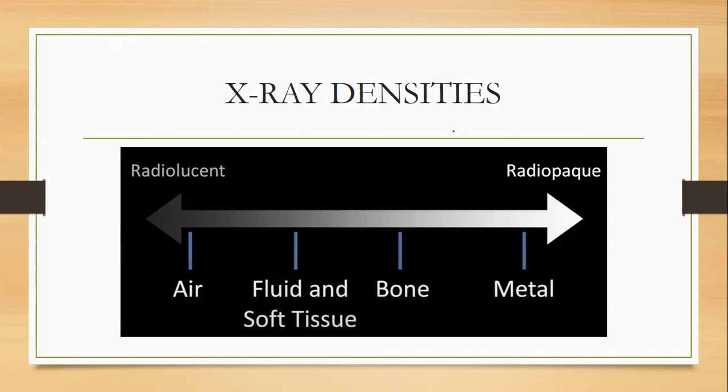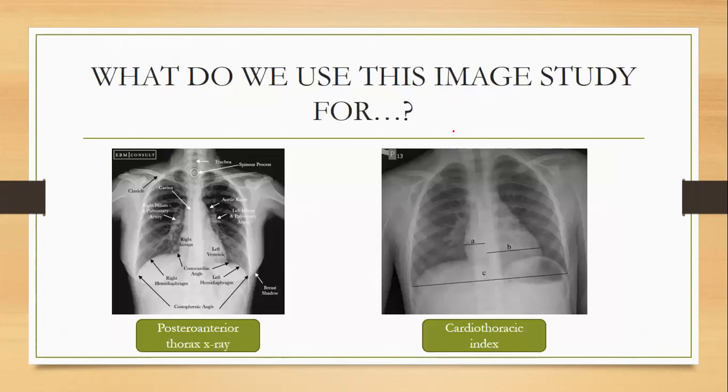And since it has this kind of metal, which is platinum, it's a radiopaque density. So what do we use this image study for? Here on your left, we have a normal posterior anterior thorax or chest X-ray.